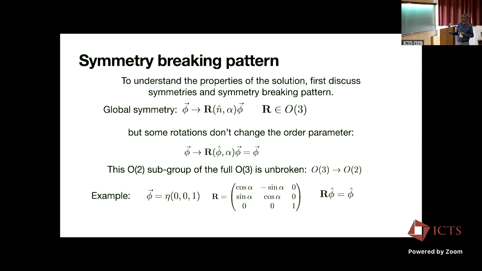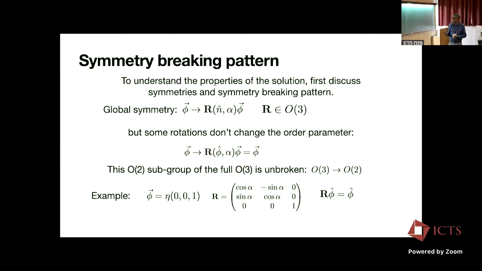But there are some rotations that do even less. They don't change the field at all. Right? So if you transform phi by a rotation which is along the axis of phi times alpha, and you act on phi, then this doesn't do anything. Because if you have phi pointing in a certain direction and you do rotations like this, then phi remains the same.